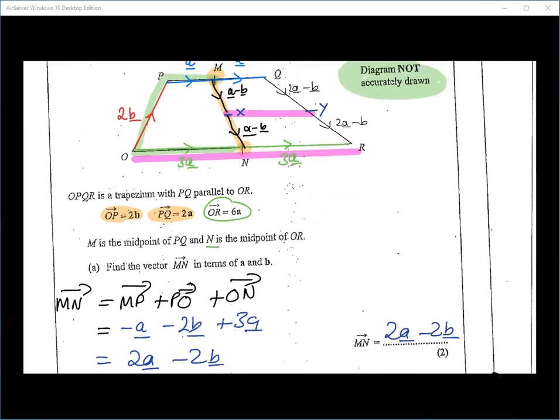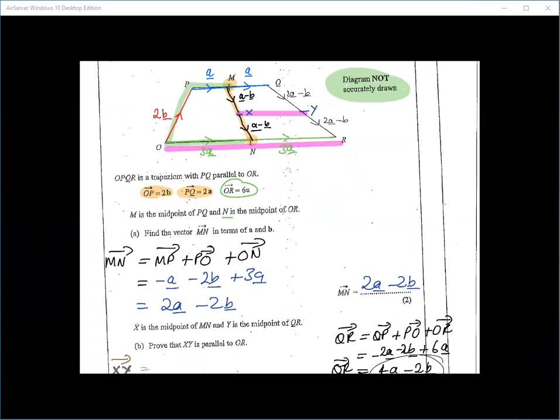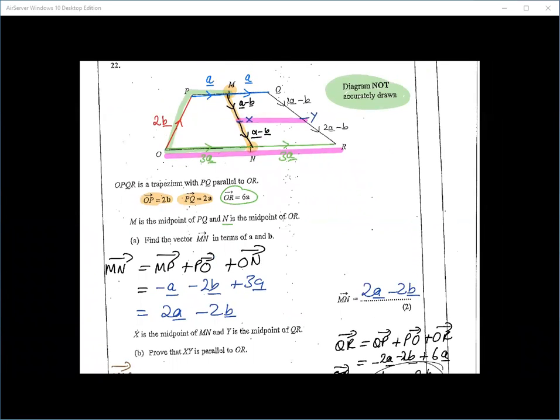Now, tell me, how do I get to XY? Route for XY. Hang on, give me one second. Let me get rid of all the other highlights. So if I go from X to Y, could we take the following route?